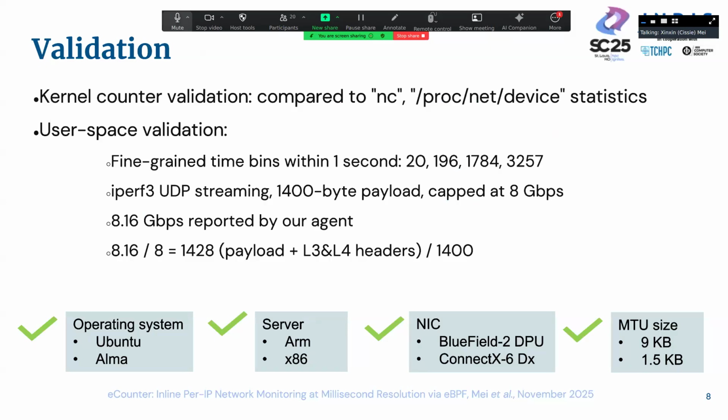I also generated a lot of traffic and compared the counters, because I know where the source and destination are, so I know which pair the increase of those statistics is coming from. I've tested with iPerf 3 and also a packet generator to generate a fixed amount of packets, like 1 million packets, and saw if the packet number increased by 1 million.